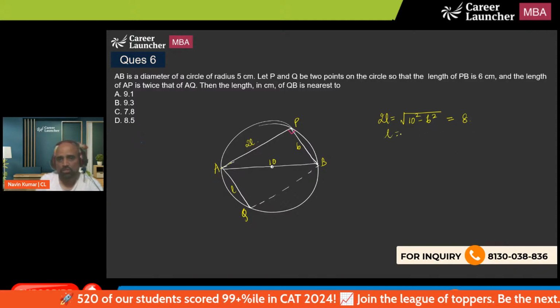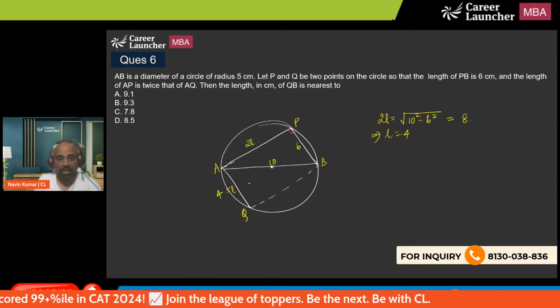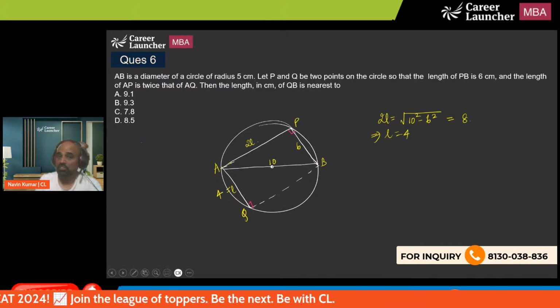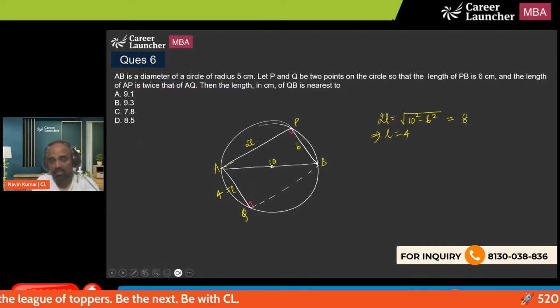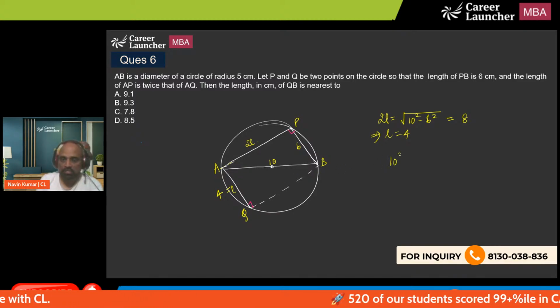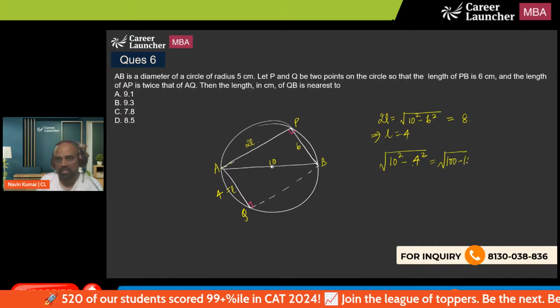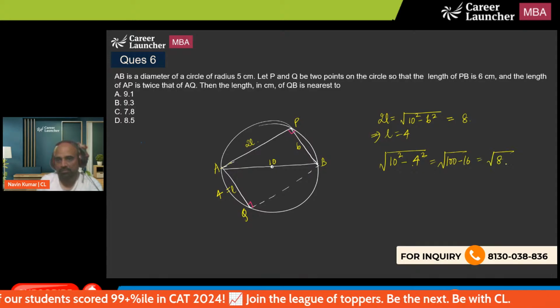So L turns out to be 4. So this is going to be 4. Again, if we look at AQB, this is also a right angle triangle. So the side is going to be 10 square minus 4 square, which is 100 minus 16, which is under root 84.